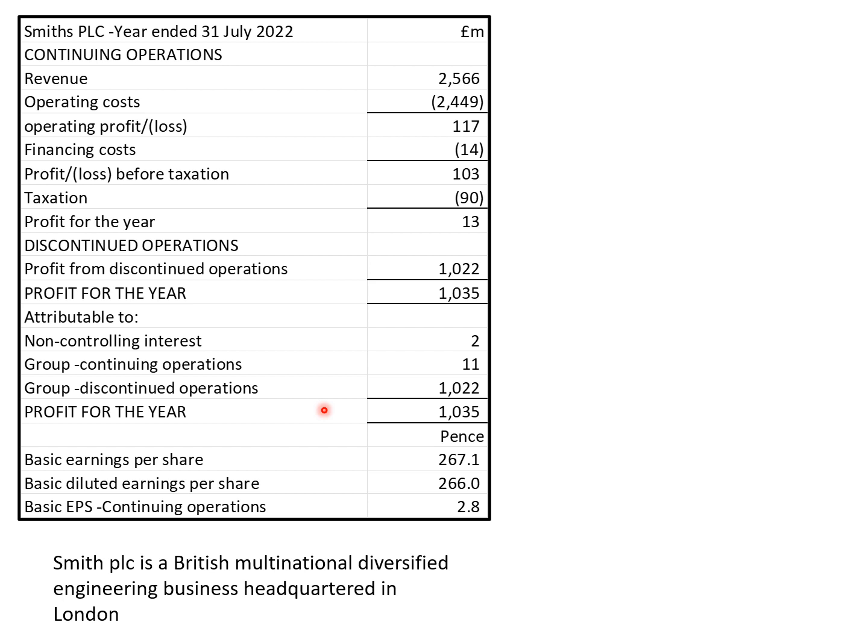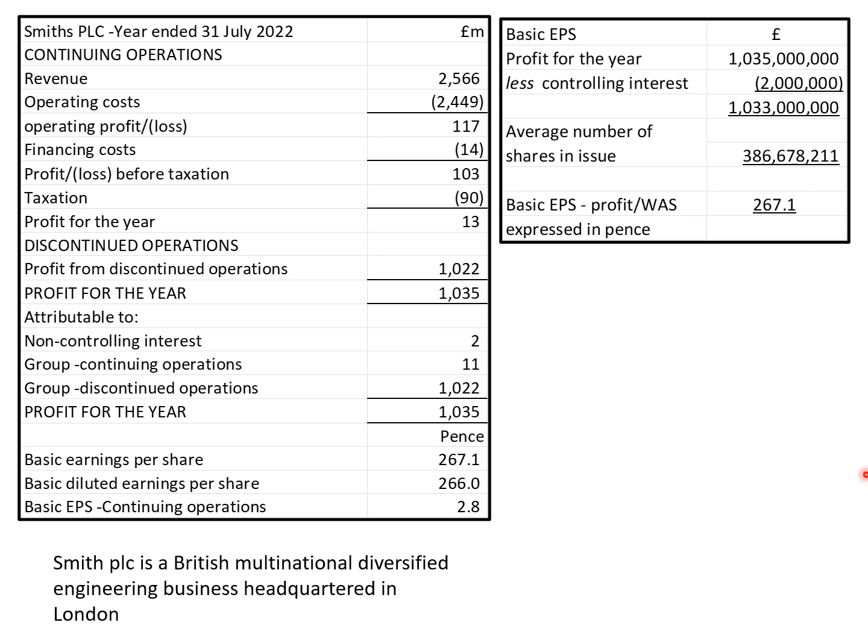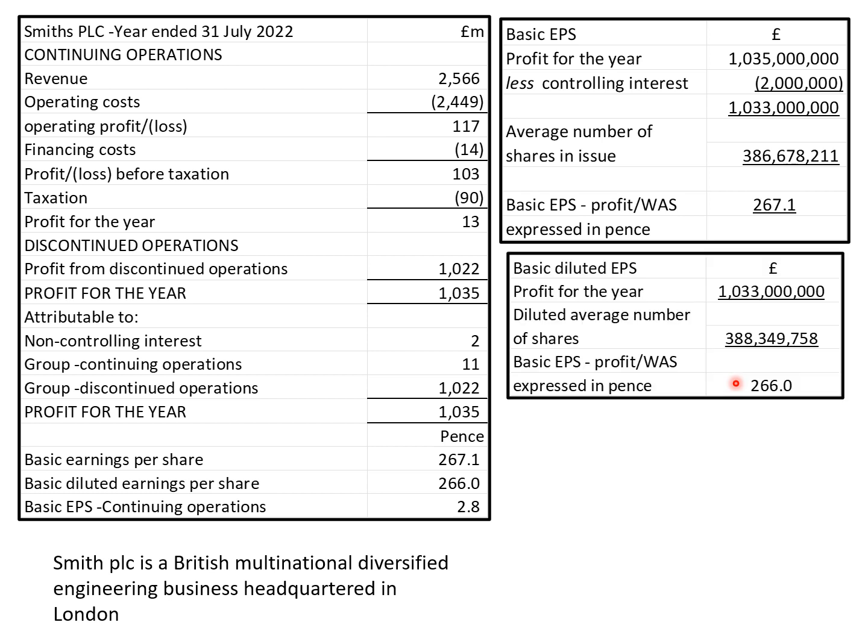Now let's look at how it calculates the first EPS, which is the basic earnings per share, expressed in pence, which is 267.1 pence. Here you have the profit due to the group, which is 1.035 billion, take away 2 million to give us 1.033 billion, and that is divided by the average number of shares in issue to give us the basic EPS, again expressed in pence.